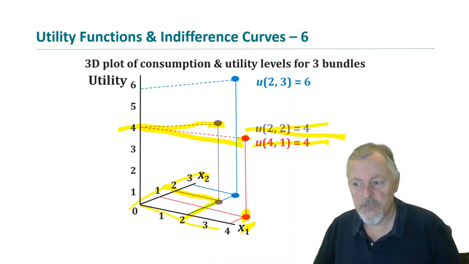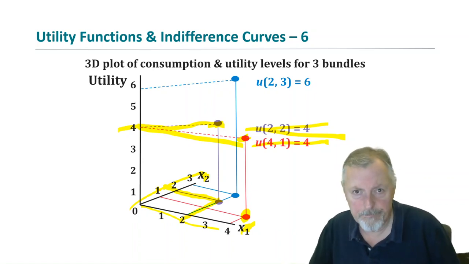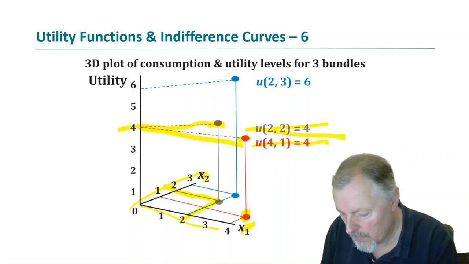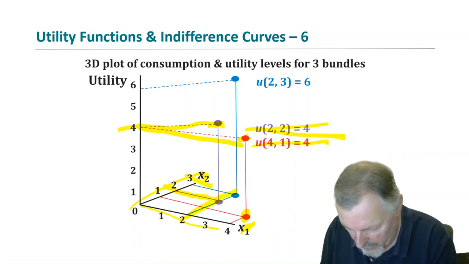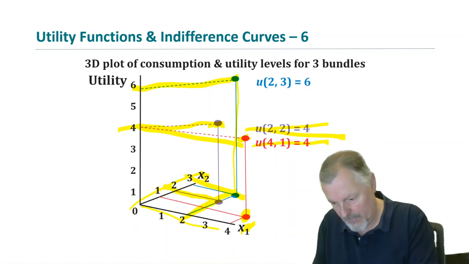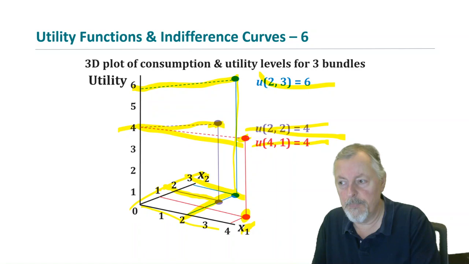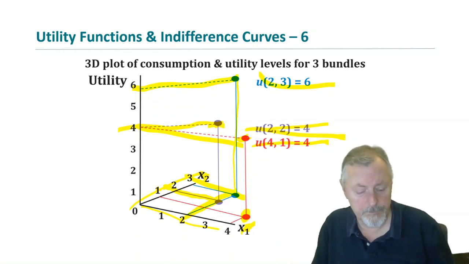Therefore, we know that a person, if given a choice between these 2 consumption bundles, would go, don't care. They're the same to me. But this one, with 2 apples and 3 oranges, utility level 6, they would strictly prefer that over either of the other 2.